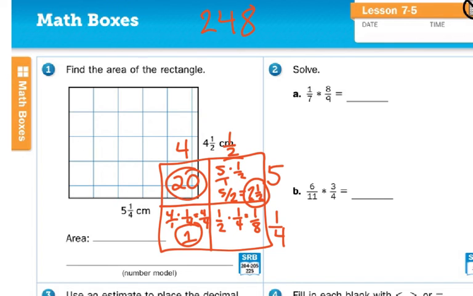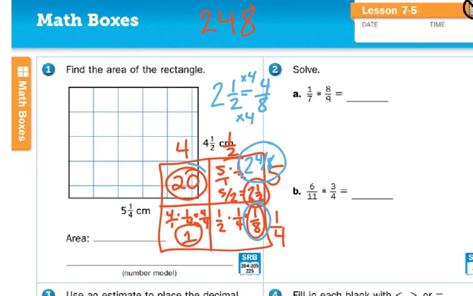Let me put 1/8 here. I'm going to take 2 1/2 and change half to eighths. Multiply by 4 on the bottom, multiply by 4 on the top. 1 times 4 is 4. So 2 4/8 would be the same thing as 2 1/2.